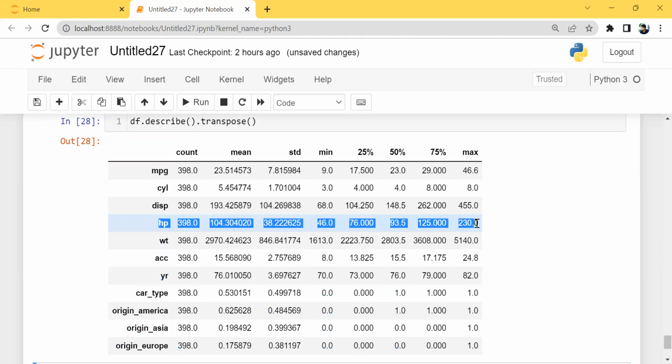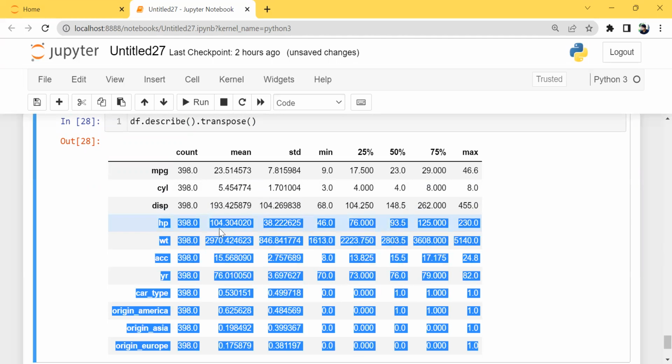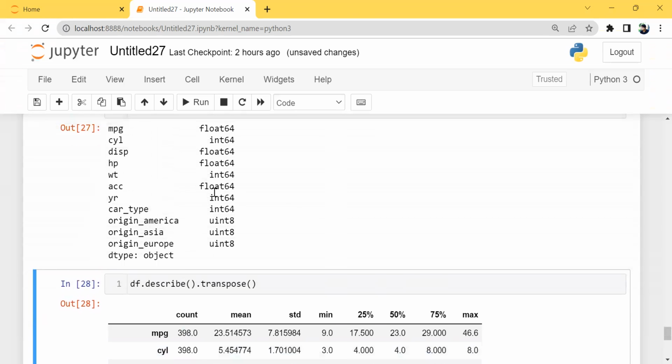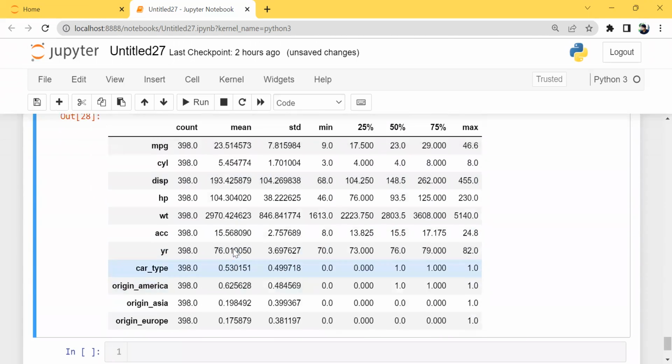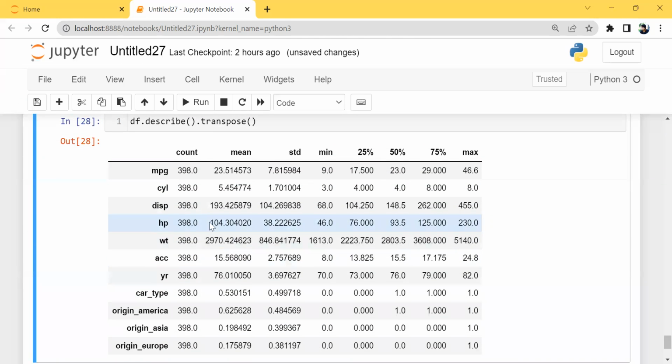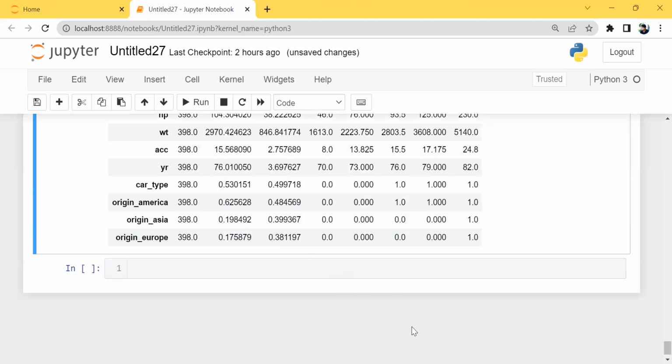Because it is no more a non-numerical value. It is now a numerical value, not a string value anymore. Because we have already replaced all the string values, that is the question mark, with null values, and again we have filled those null values with the median also. So now HP column has been included in our data set, right?